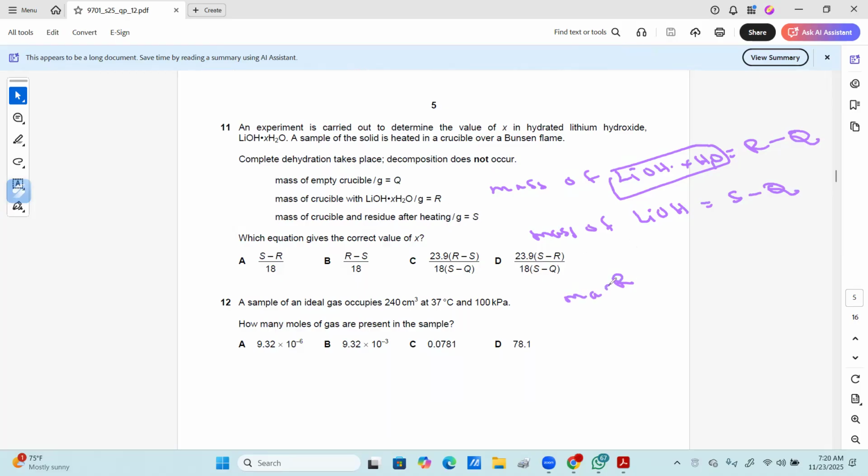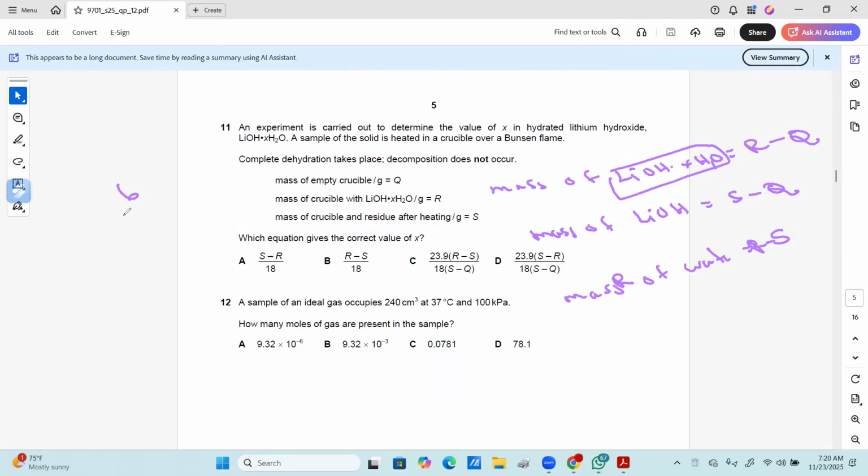Mass of water is equal to R minus S. So to find the amount of water, we need to work out the molar mass.